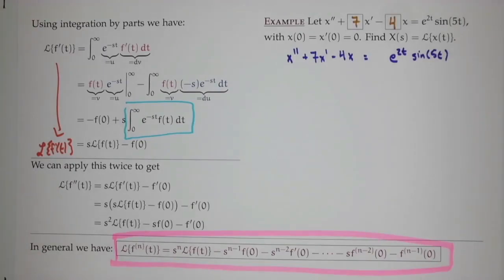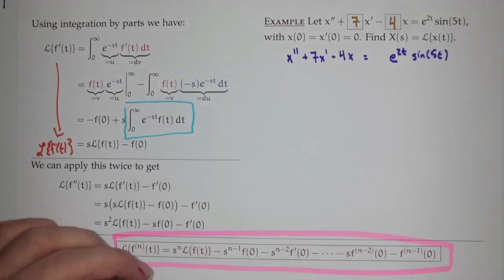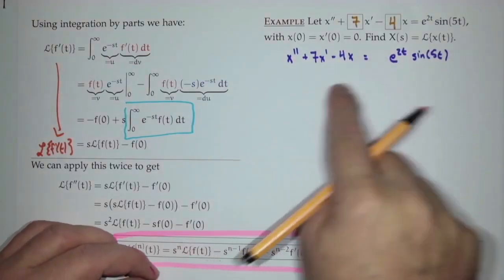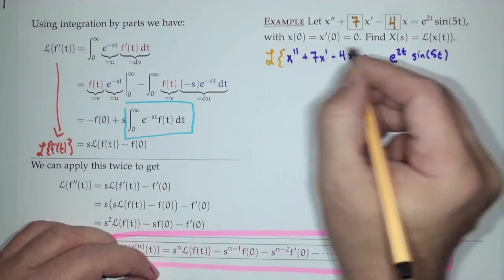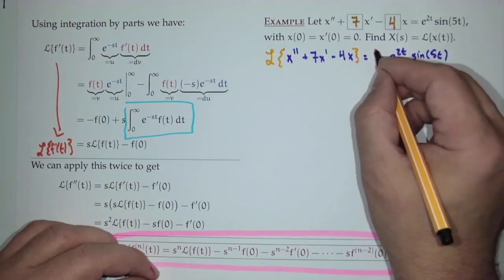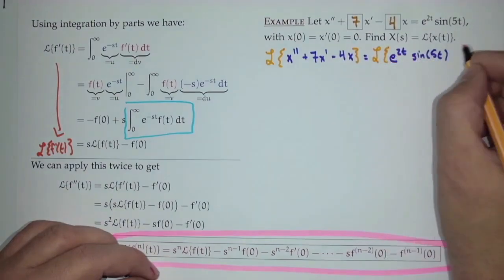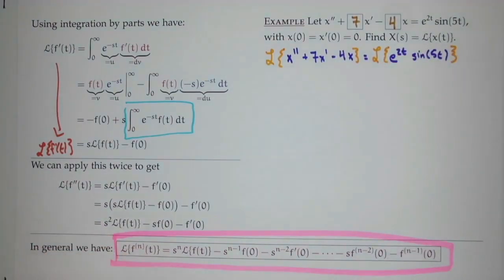Yeah, apply the Laplace operator. The key idea here is if two things are equal, then if we plug them into the Laplace transform, our Laplace operator, the results are still equal.